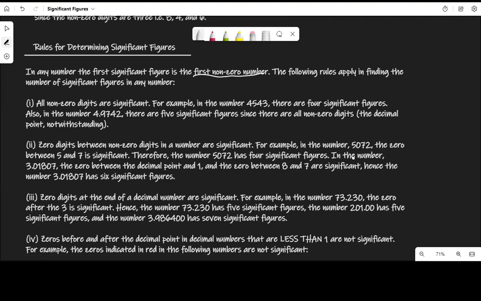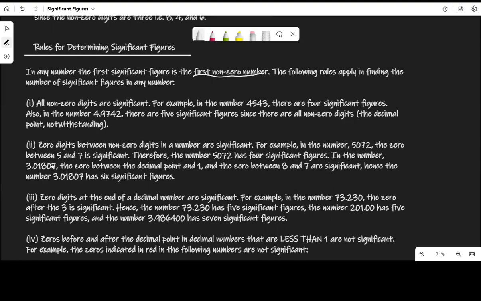Now, let's extend this again. In the number 3.01807, this 0 and this 0 are significant because they are in between non-zero digits. So any zero digits between non-zero digits in a number are significant. This 0 is significant, this 0 is also significant.